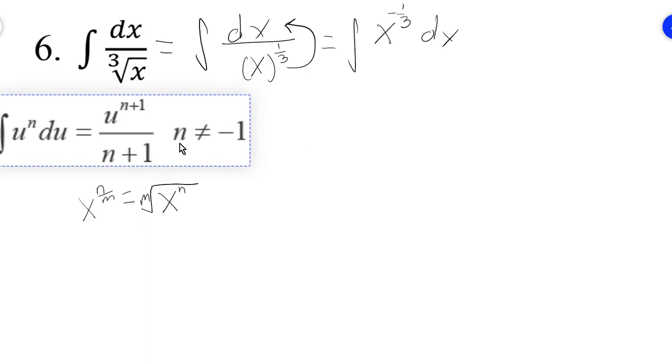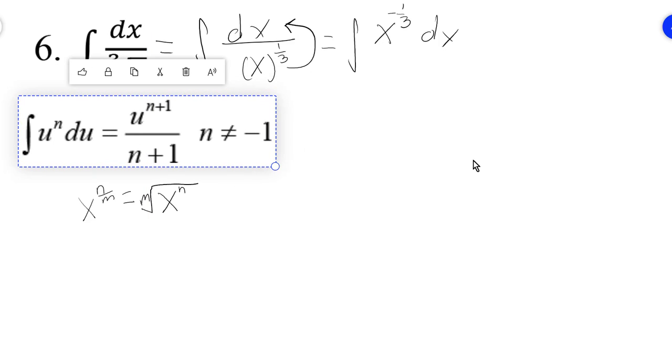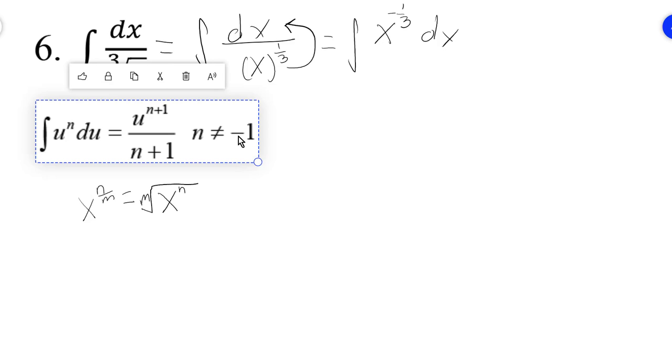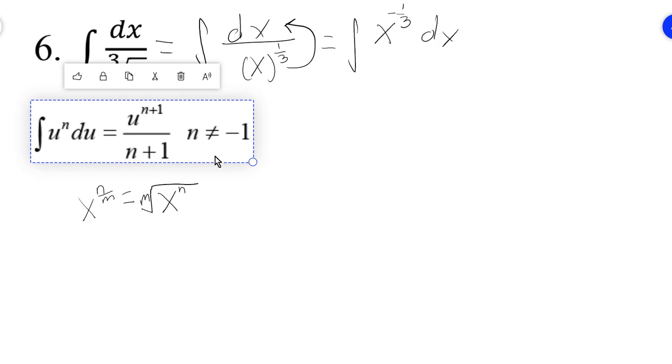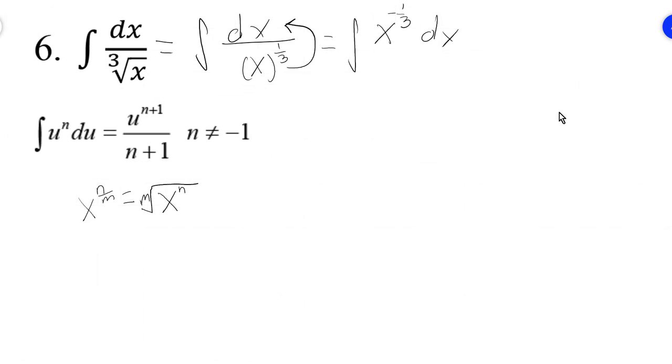to solve it. Okay. So the power rule, I have it here, is the most important and useful rule that is out there to solve integrals. So let's apply it, and we're going to get, obviously this over here is u, this over here is n, and this over here is du.